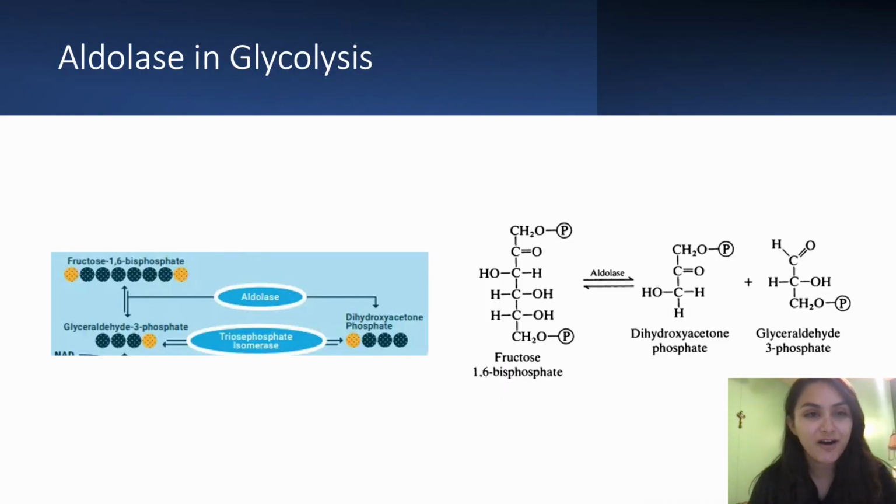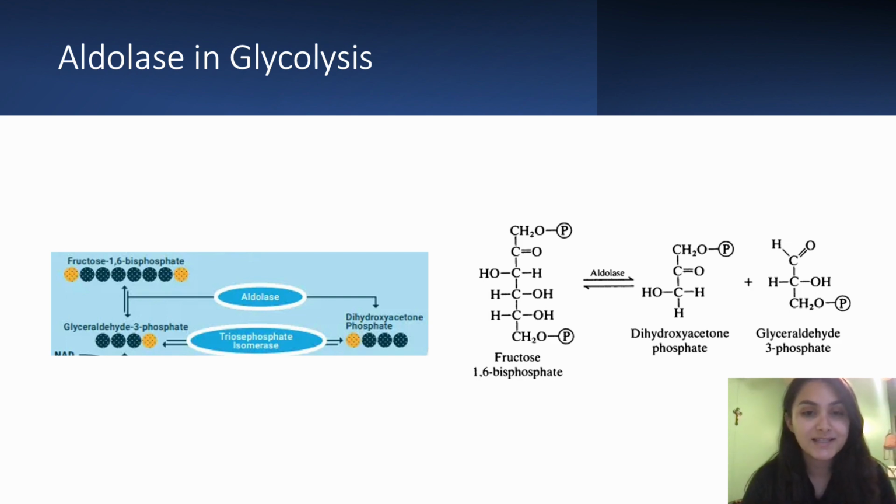Now let's move on to aldolase in glycolysis. So hope you remember from the previous slide that this picture is just a little part of the big picture that we saw on the previous one. So over here we can see the enzyme aldolase.